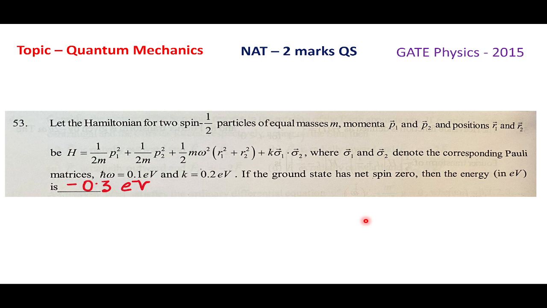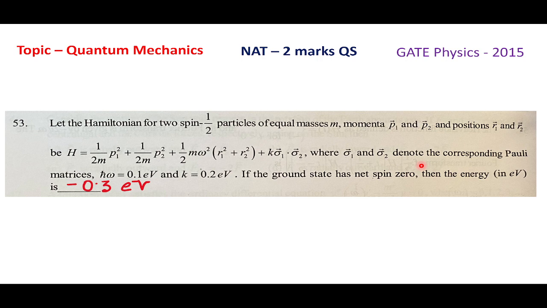No, sir. The same question that you have told us, corresponding to Pauli matrices. So the Pauli matrices in this question you are asking, right? Denote the corresponding Pauli matrices, right? Yes, sir. That is not given, because the Pauli matrices for the x component, y component, z component we know, right?